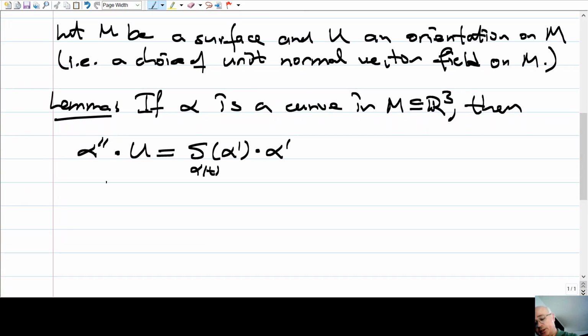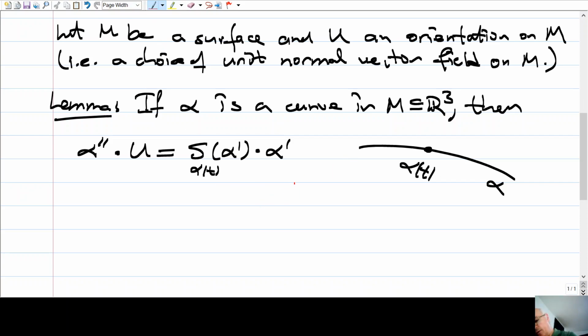Okay, here is the proof. So let me just draw you a picture. So this is the curve alpha, and suppose we are at the point alpha t here, and this lies inside a surface.